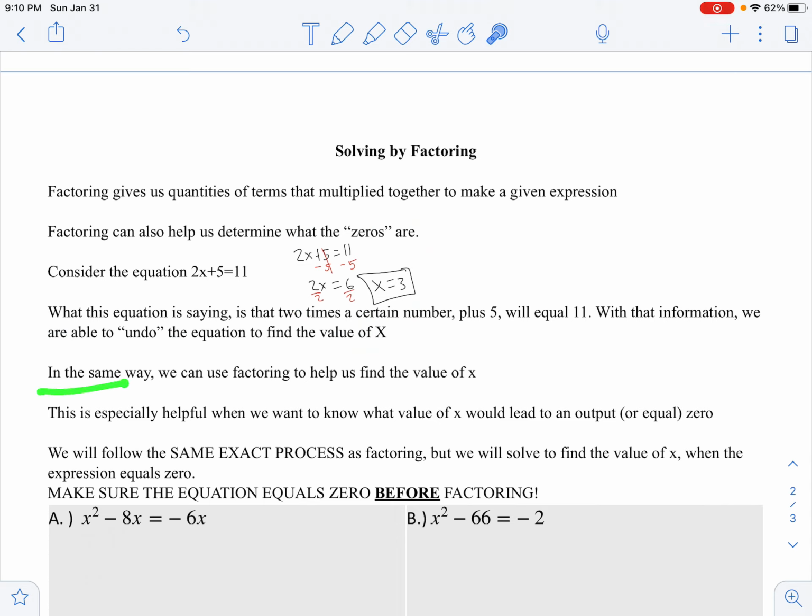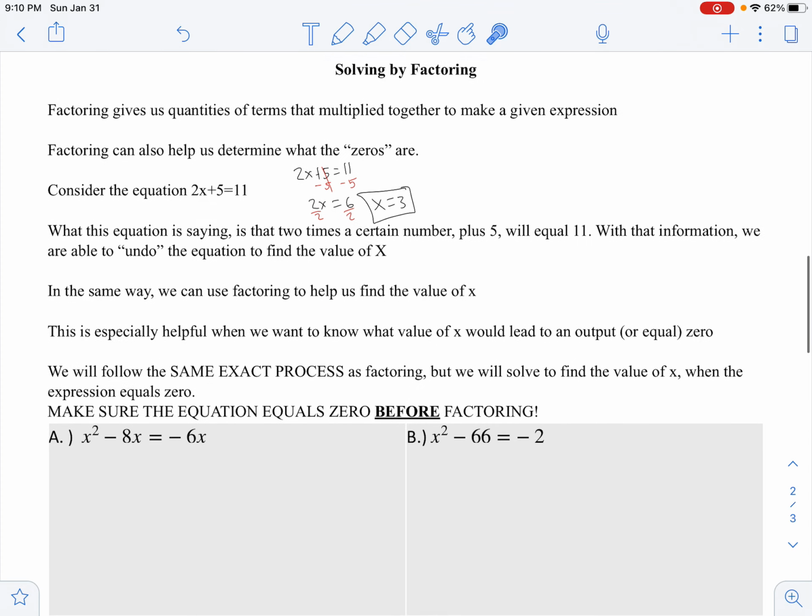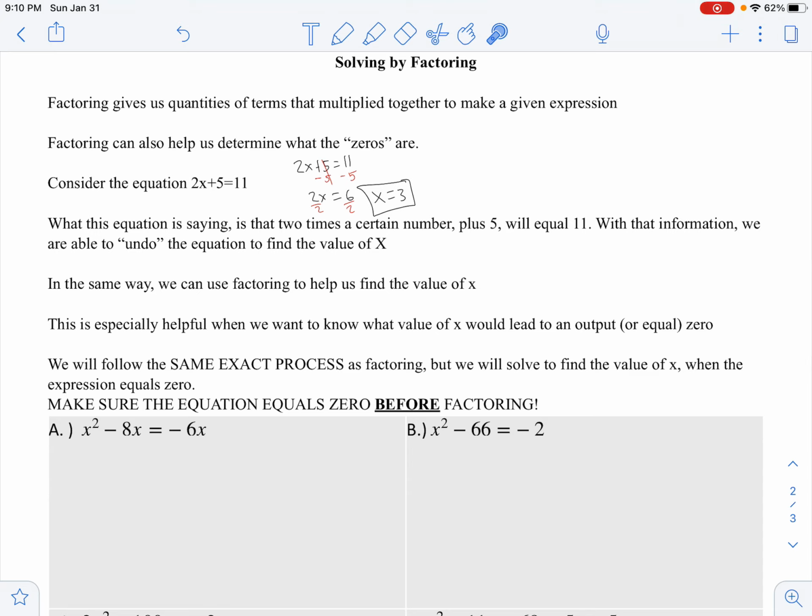So in the same way, we can use factoring to help us find the value of x, particularly when our equation equals 0. So we want to find if our y value, so on a graph, if our y value is 0, that's on this x-axis.